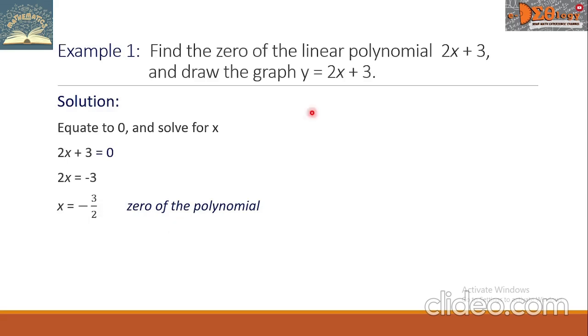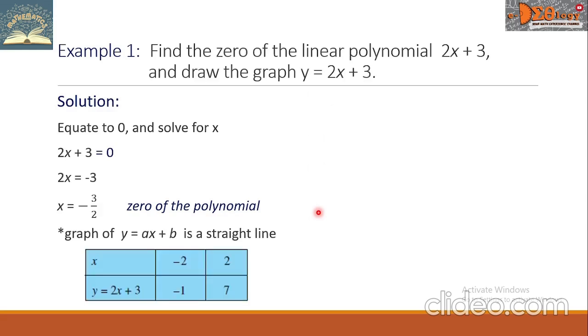Now, let us graph our line, y equals 2x plus 3. We know that the graph of y equals ax plus b is a straight line. To graph this line, we're going to put some values for x, and eventually, we will get the value for y. Suppose we assign x equals negative 2. The value of y will be negative 1.